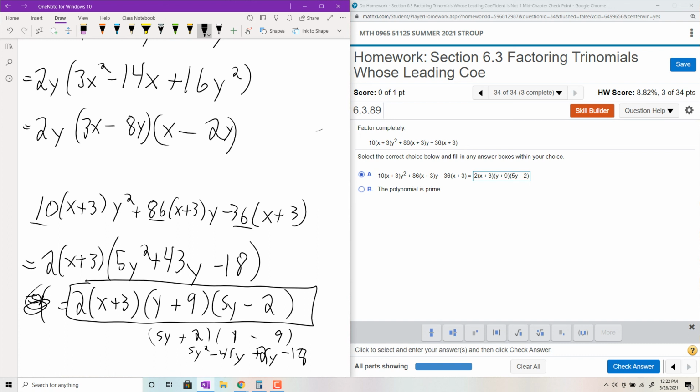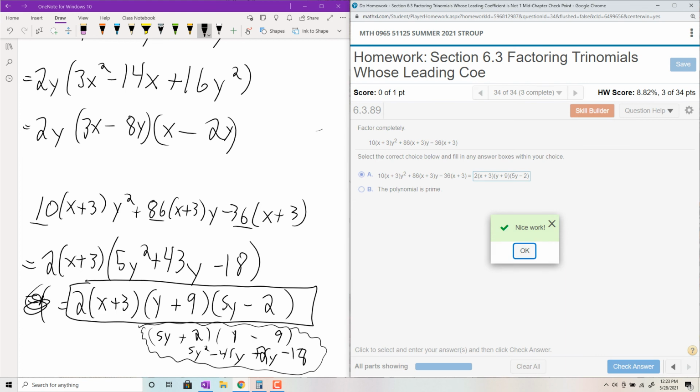Here's my answer. I do a lot of scratch work, but that's not part of the answer. And we still need to be able to present our answers in a way that another student, one of your classmates, could read it and know what you're talking about. So anyways, okay, that's good.